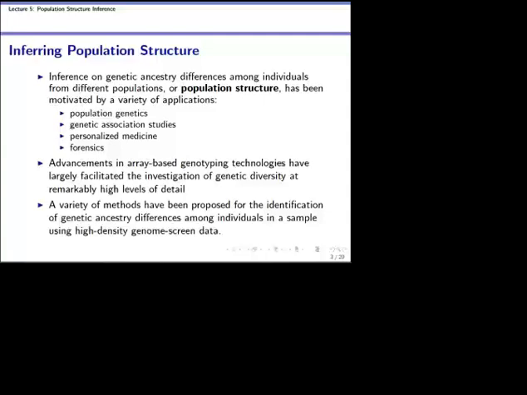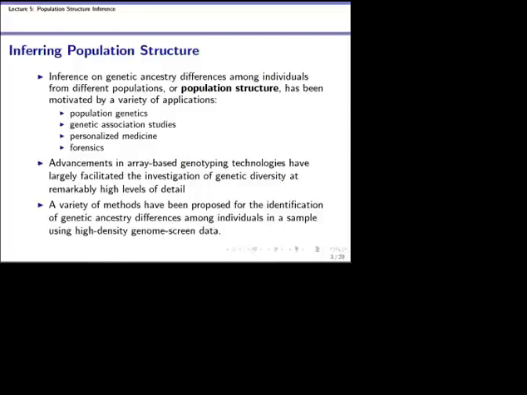And so identifying or inferring genetic ancestry differences is essential for a variety of applications, including population genetics, genetic association studies, personalized medicine, forensics, and linkage analysis. And so the advancements in high throughput genotyping and sequencing technology have facilitated the investigation of genetic differences among individuals at remarkably high levels.